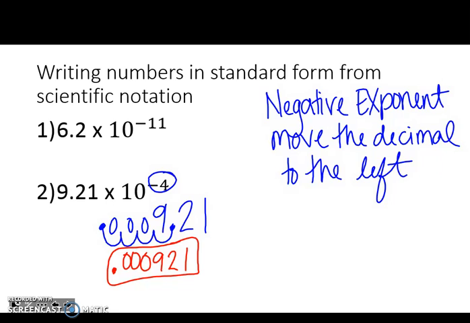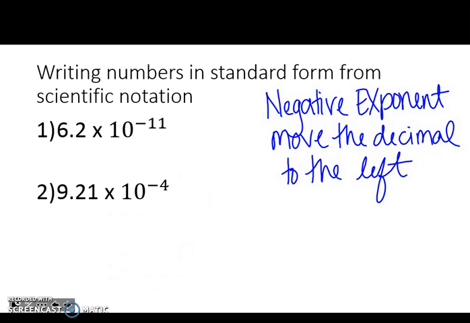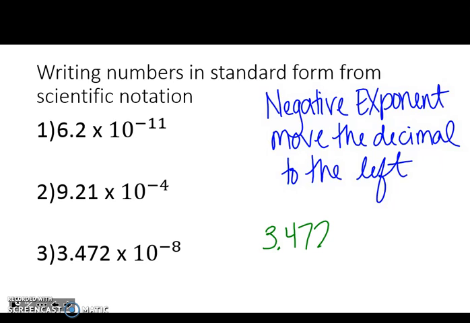I'm going to put 1 up here. I want you to go ahead and pause it and try it on your own. All right, so we're going to take 3.472, and our exponent tells us to move it 8 places to the left. 1, 2, 3, 4, 5, 6, 7, 8.